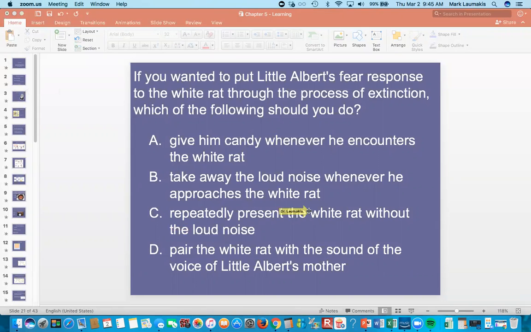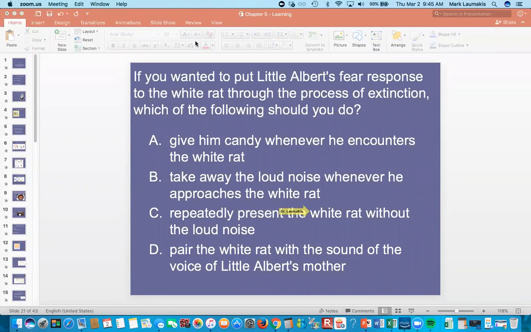So when we pair this white rat with that loud noise, white rat, loud noise, white rat, loud noise, 5 or 6 times, we'll get that newly learned conditioned response, which is fear or distress in response to the white rat. Does that make sense? Yep, that's at the core of what we're doing here in classical conditioning.